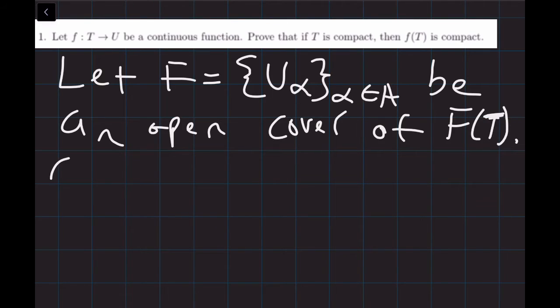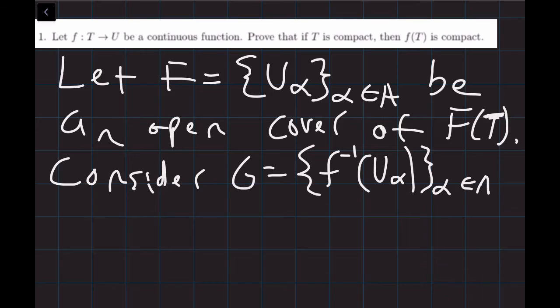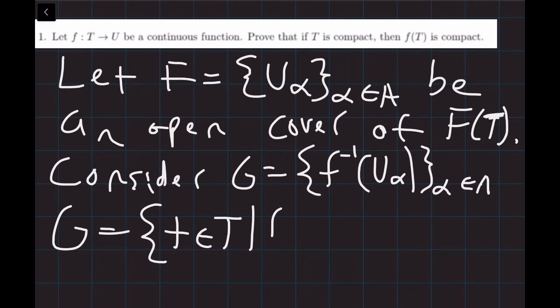Okay, so now let's consider G. We're going to define G to be the pre-image of U sub alpha, once again such that alpha is an element of A, and we can re-express G to be the set of small t, an element of large T, which is our domain, such that f of small t is an element of U, which is our codomain.